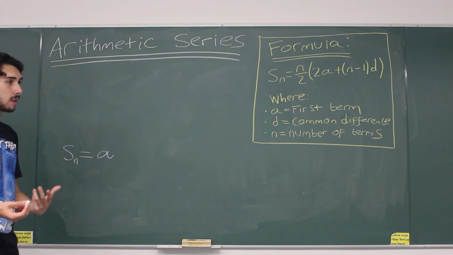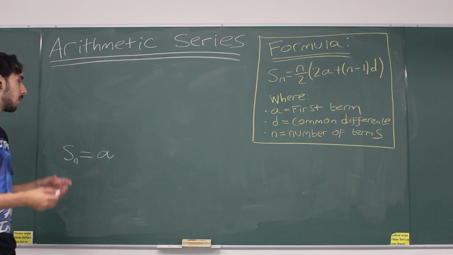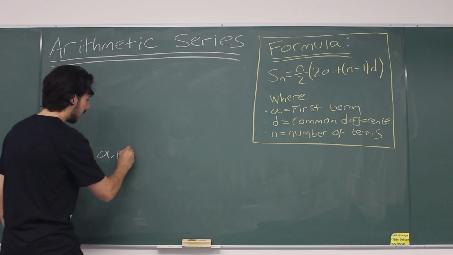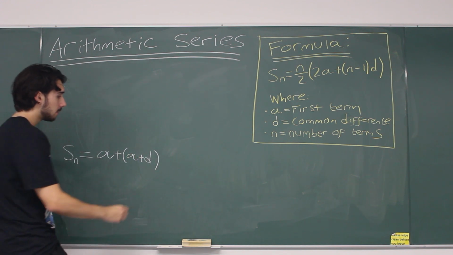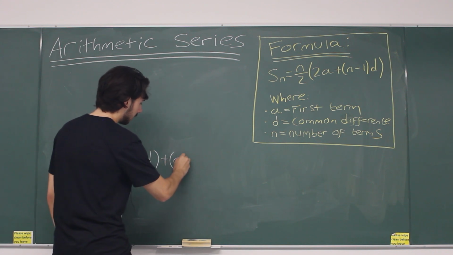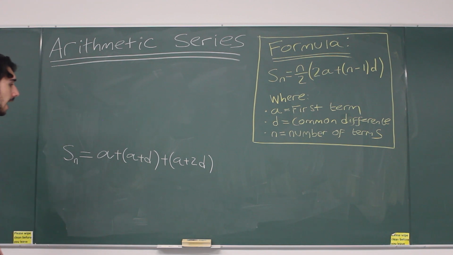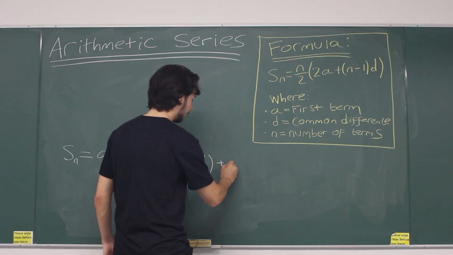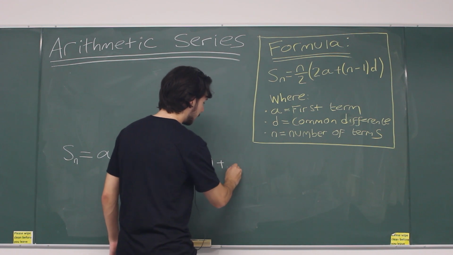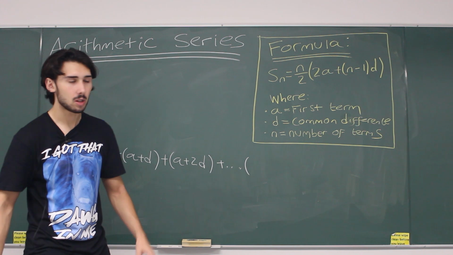If it was a sequence, what would the next term be? It would be A plus D. But we're adding that, so we're going to add A plus D. That's the second term. The third term would be A plus 2D. And we're just going to keep going all the way until we get near the end. At the end, I'm going to write the last 3 terms of this.